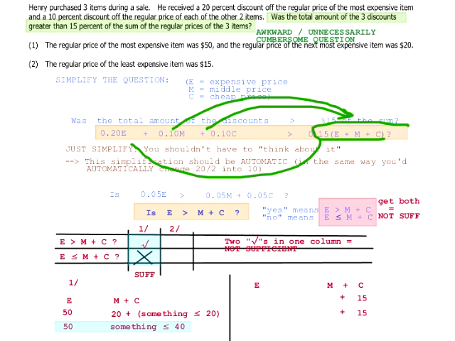So we can just pick cases that show. So like if M is, I don't know, 20 and E is 100,000, then that's greater than. But if M is, say, 20 and E is 25, then it's not greater than.